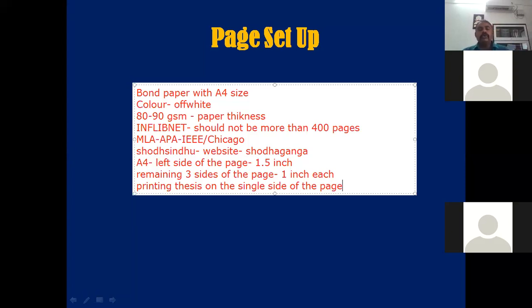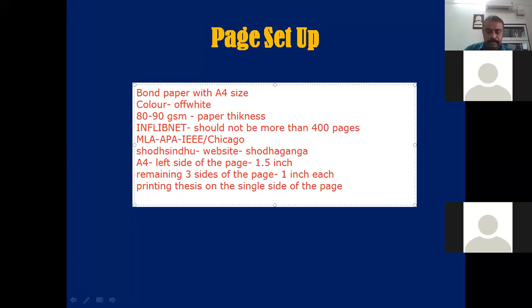So for those who are printing on both sides, you have to keep the right-hand space in such a way that the typed line does not go inside the binding.